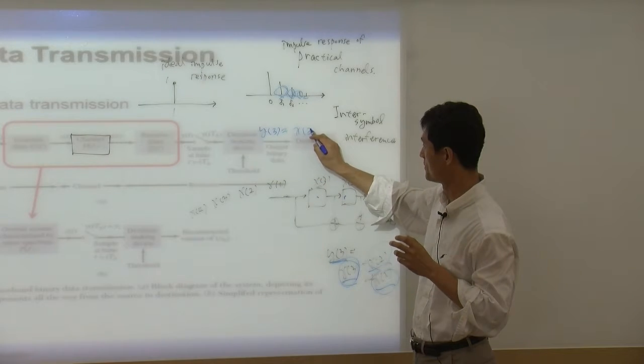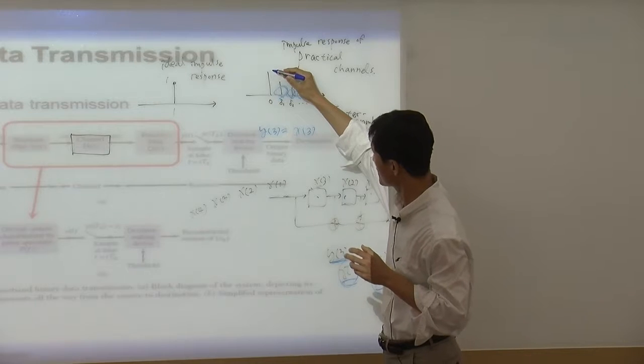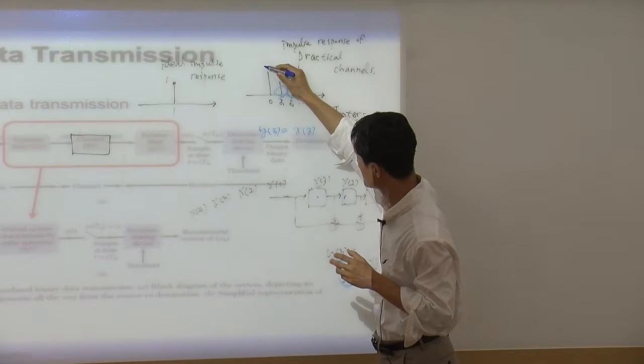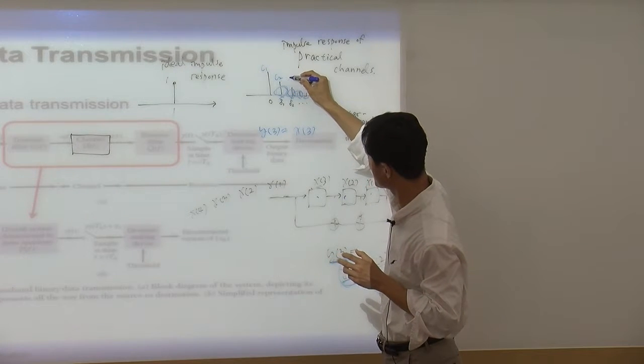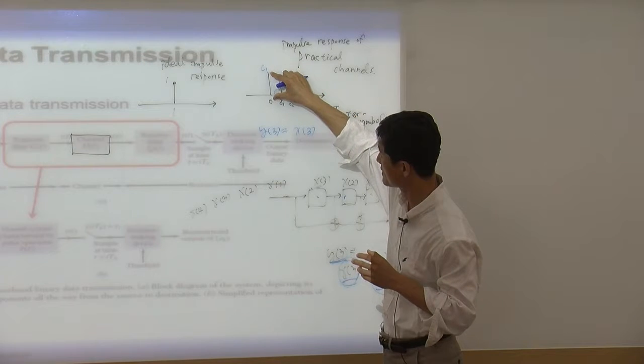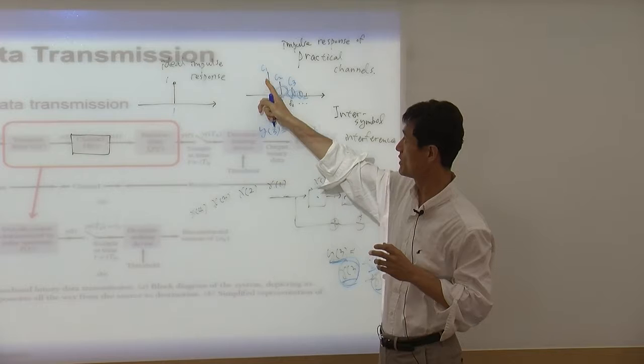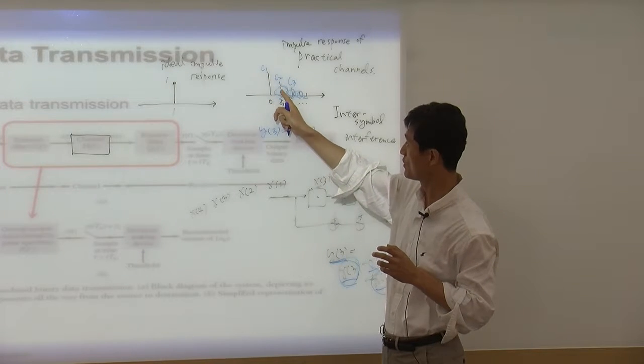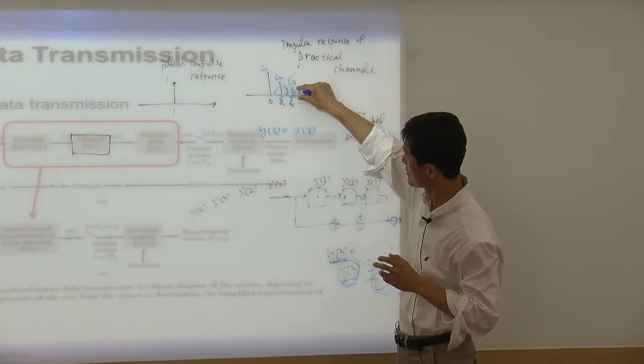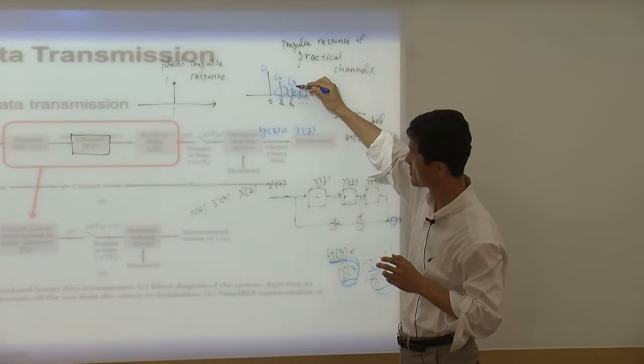In this case, you can say it's C1, C2, C3. I'm talking about the amplitude, the coefficient of each one. The first tap may be C1, the second tap is C2, and the coefficient of the third tap is C3.